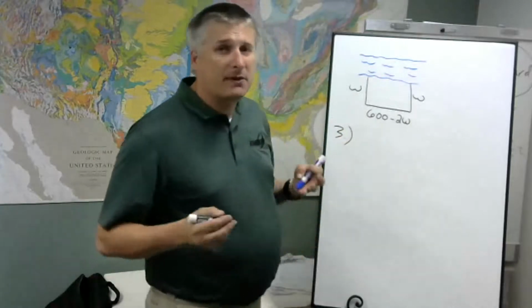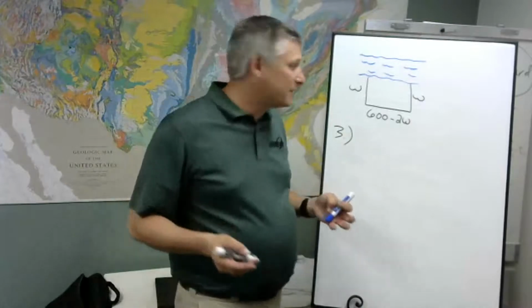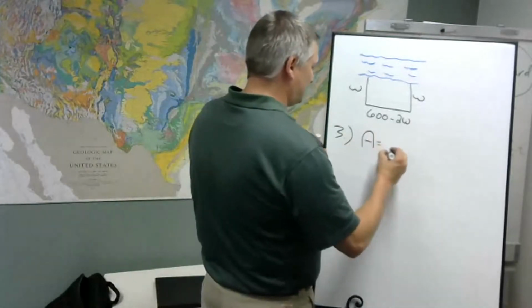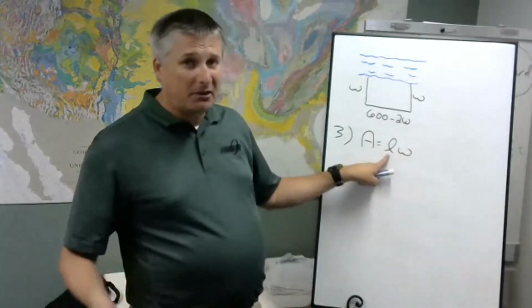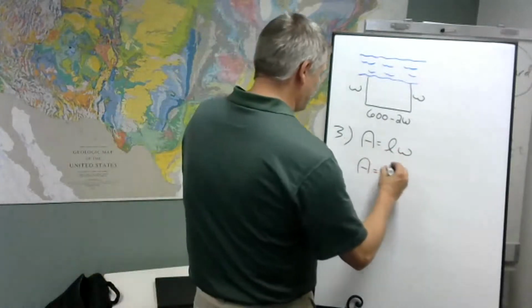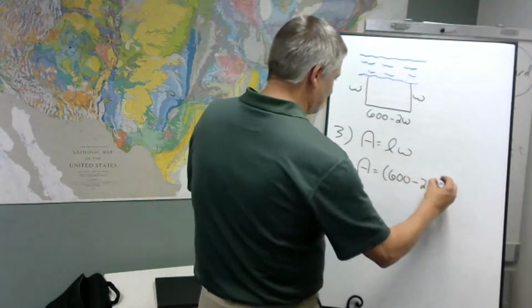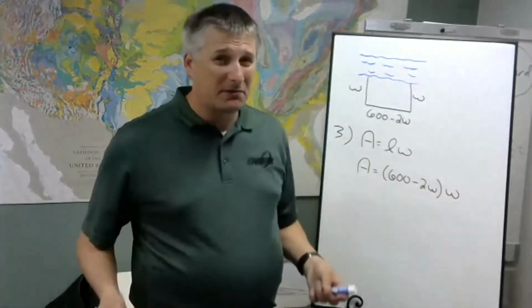And we go back to the area. That's what we're interested in. We want to try to maximize the area, and that area is L times W. Oh, wait a minute, we can write L in terms of W. So now we're on familiar territory.